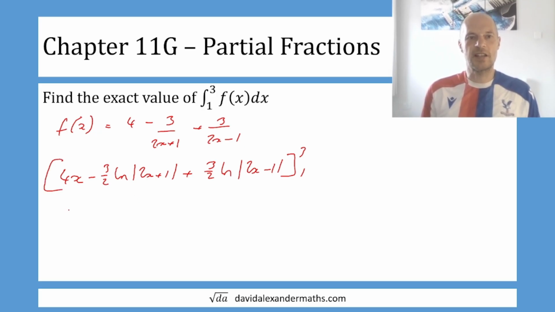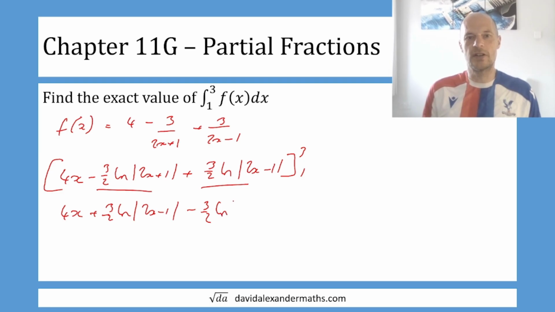Now, just to tidy things up a little bit, I'm going to combine these logs. So first of all, you might want to write it as 4x plus 3 over 2 ln 2x take away 1 minus 3 over 2 ln 2x plus 1. And we can then rewrite that as 4x plus 3 over 2 ln of 2x minus 1 over 2x plus 1.